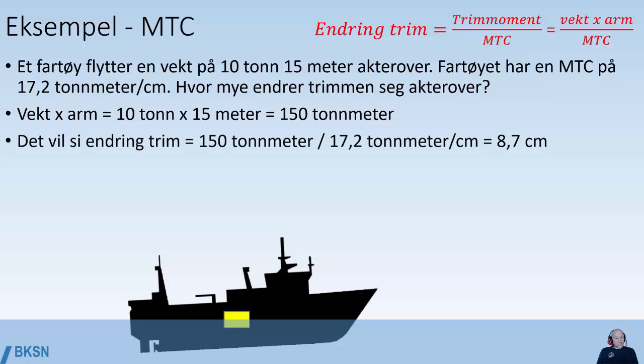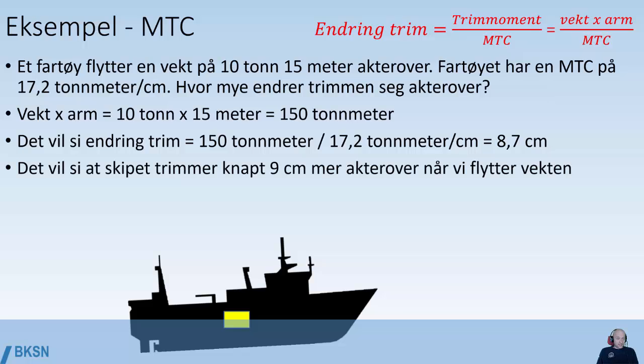Which means that the change in trim is 150 ton meters divided by 17.2 ton meters per centimeter, which gives us 8.7 centimeters of change in trim. And so in this case, the ship trims just under 9 centimeters more aft as we move the weight. So 4.5 centimeters of increased draft aft, 4.5 centimeters of decreased draft forward.